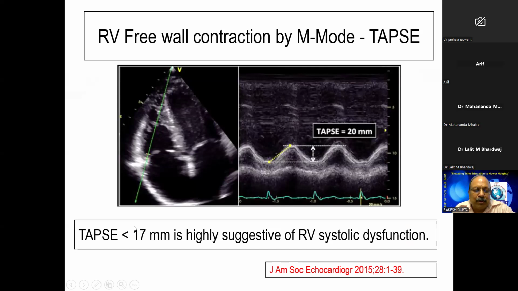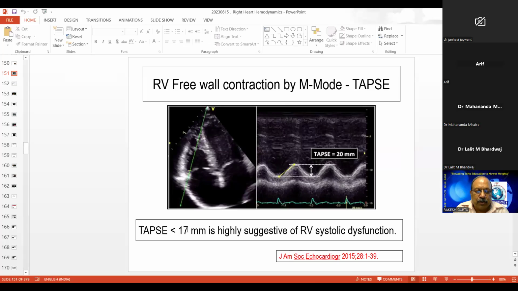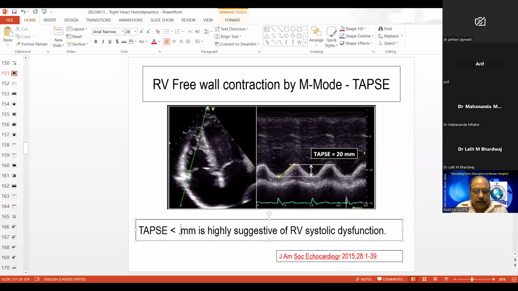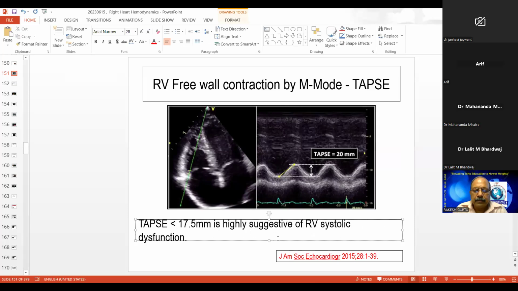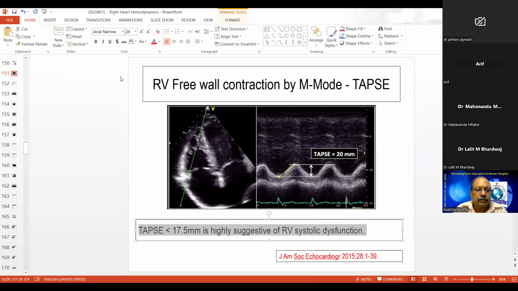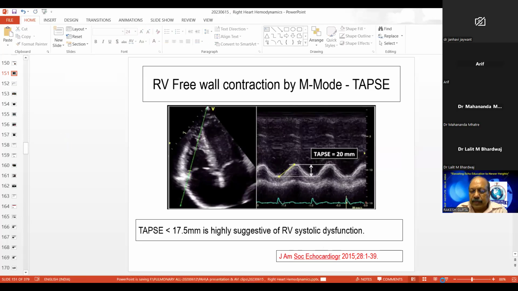Anything less than 17.5 is considered abnormal, a systolic dysfunction.